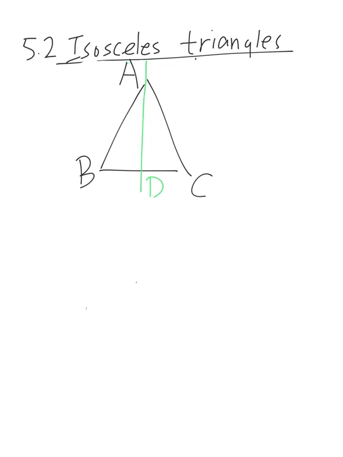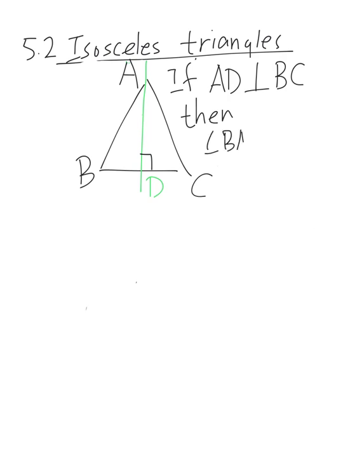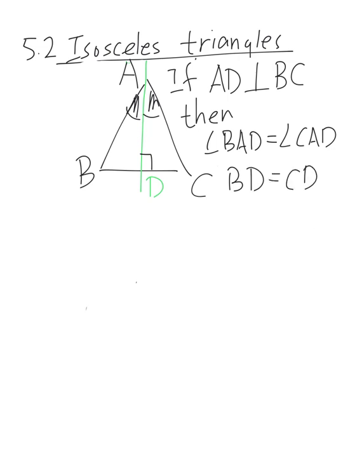Finally, if we find that this green line AD is perpendicular to BC, again, then the other two things will be automatically satisfied. That is, angle BAD is equal to angle CAD. So these two angles will be the same. On the other hand, these two sides will be the same.